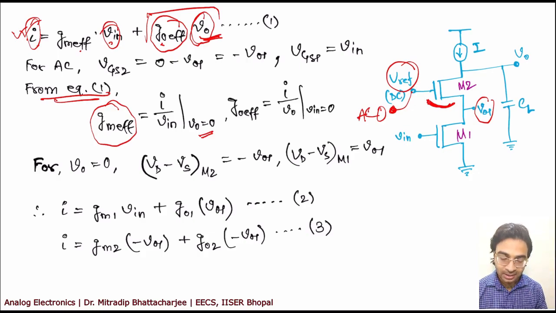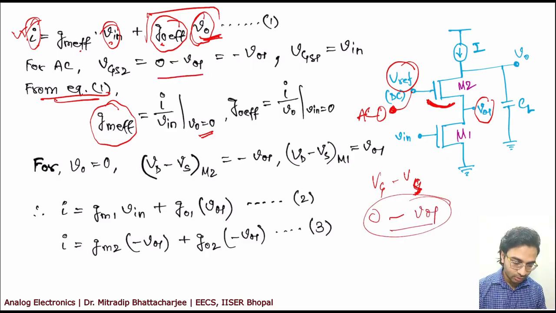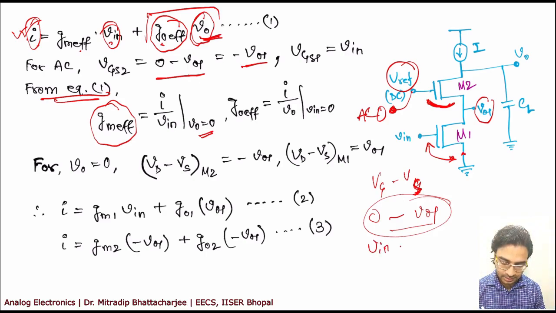Why minus? Because VGS means VG minus VS. What is VG? It is 0. What is VS? It's V01. So ultimately you get minus V01. That's why 0 minus V01 is minus V01. At the same time, what is your VGS1? V in, because in this case your VG is V in and your VS is 0. So it is V in, right? So it is clear, right?